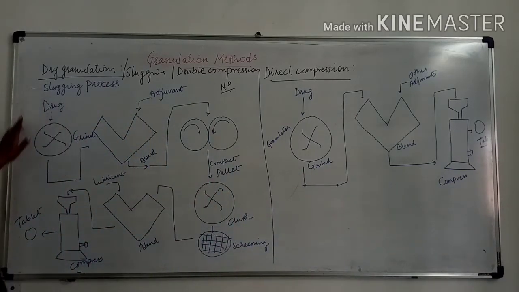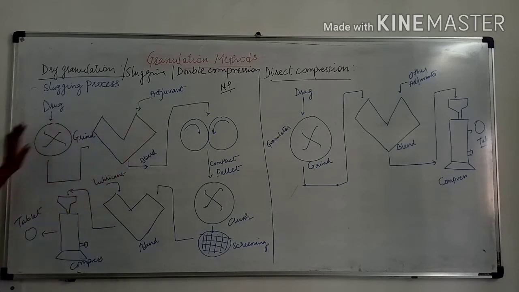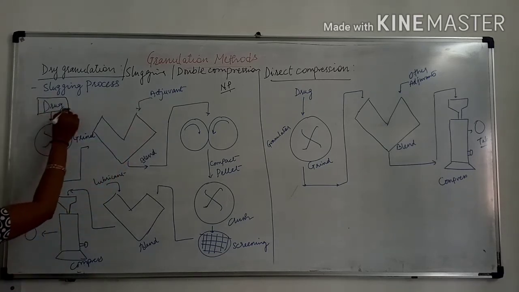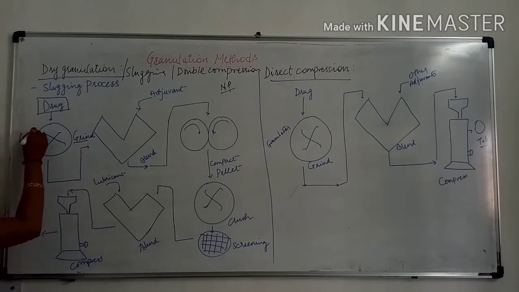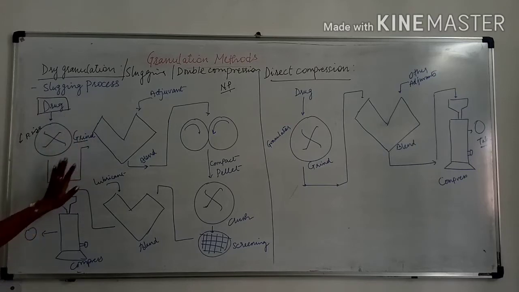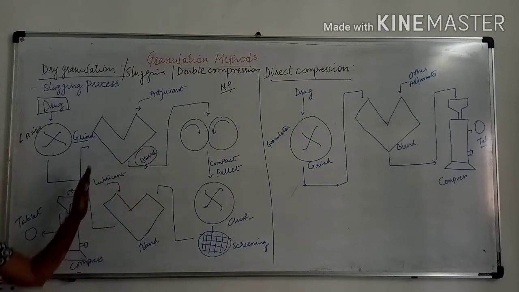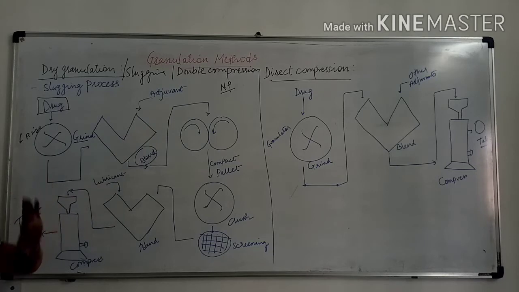So which steps do we follow in dry granulation? First of all, we take the drug and grind it to decrease the particle size. After that, we blend this content along with the other additives used in the formulation.